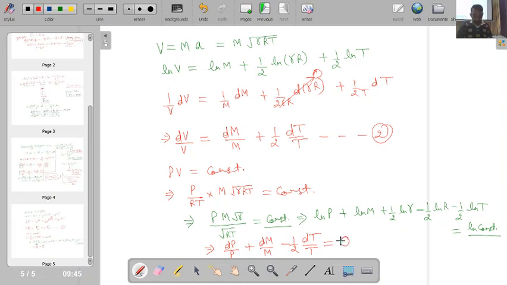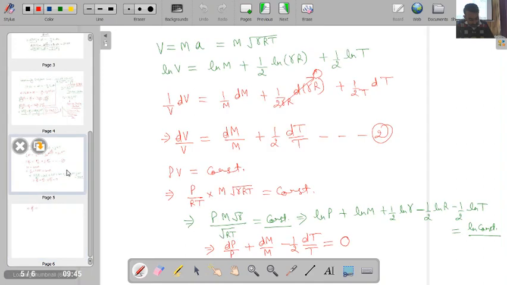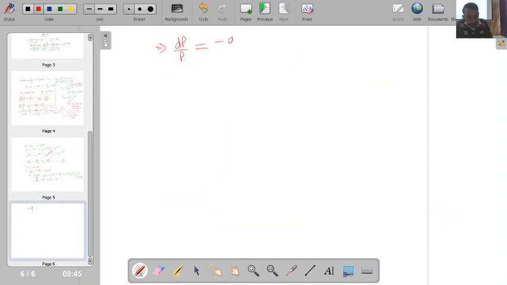So from here I get dP by P equal to minus dM by M plus 1 by 2 dT by T. Let me number this as equation number 3.